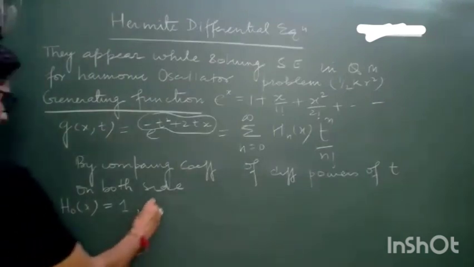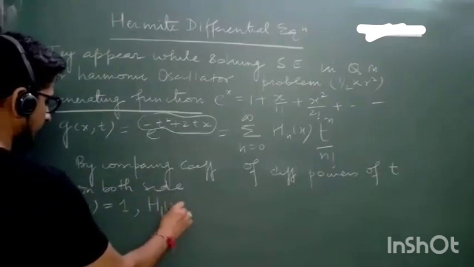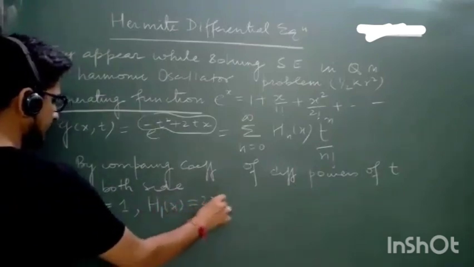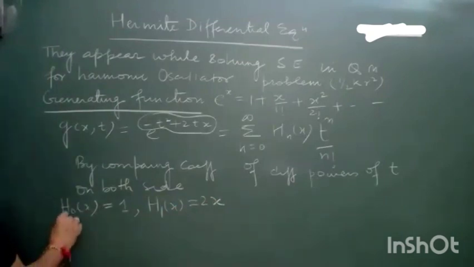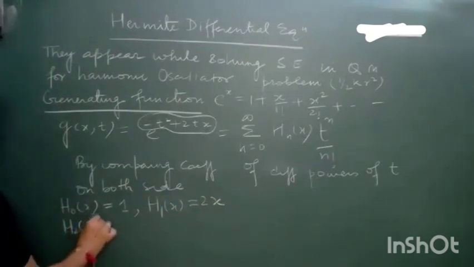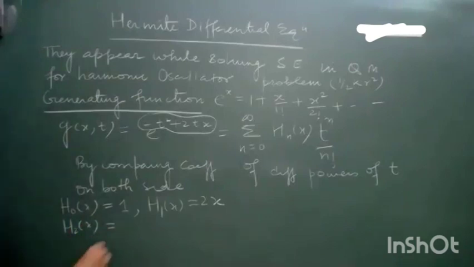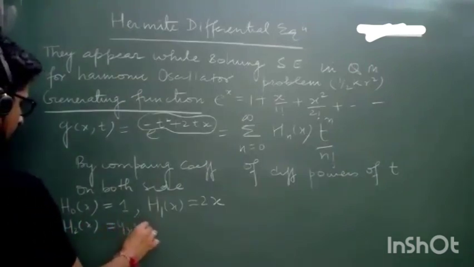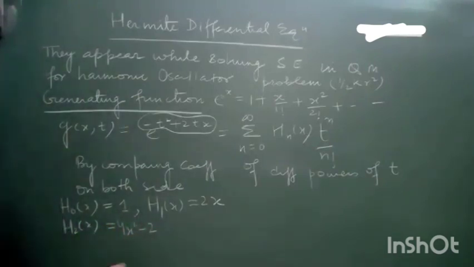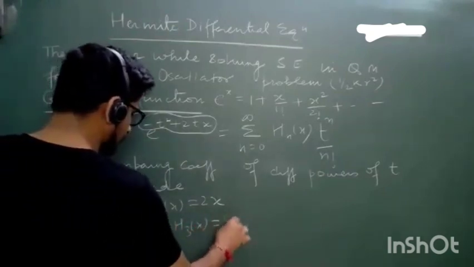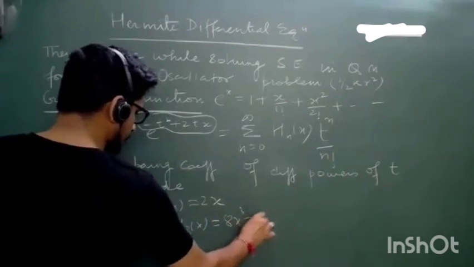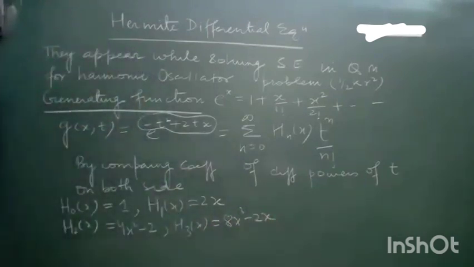So this will be h1x will be equal to 2x. I again suggest you to remember 2 or 3 polynomials. h2x is equal to 4x square minus 2 and h3x is equal to 8x cube minus 12x, okay.